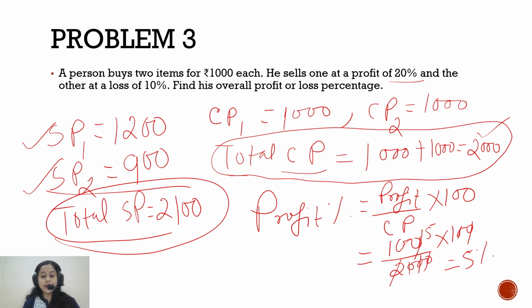So once you have total cost price and total selling price, you can find out the difference. You will get a positive difference, which is profit. And then at the final step, the fifth step, you have to find out the profit percentage after selling both the products. So this is how, by applying a combination of 2 or 3 formulas, we can solve this kind of numerical problem.